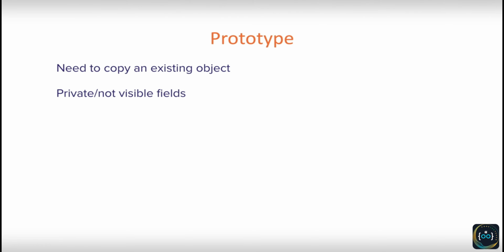Well, the problem here is that we cannot simply copy the existing object, because some fields for example, might not be visible in that object, right? So we cannot go and get each field individually and initialize a field with the same name in the new object. We cannot go one by one. Also, we might only have an interface to that object.